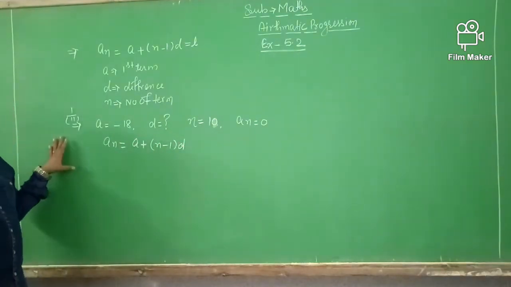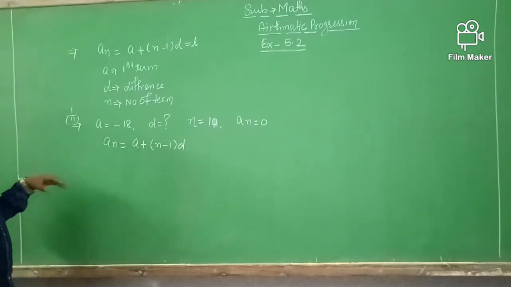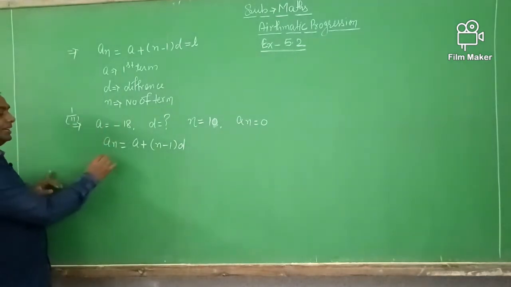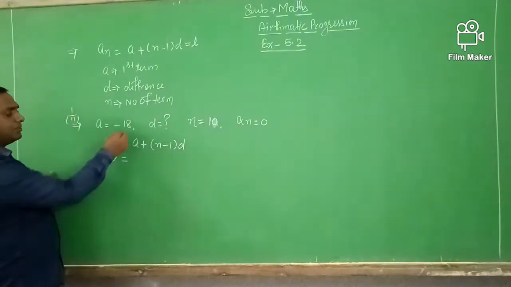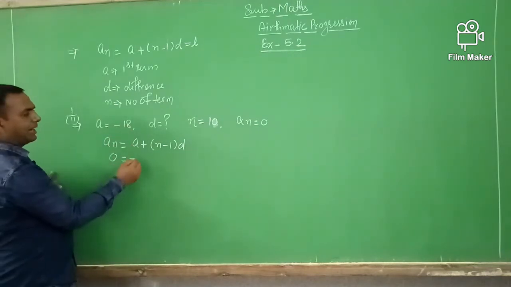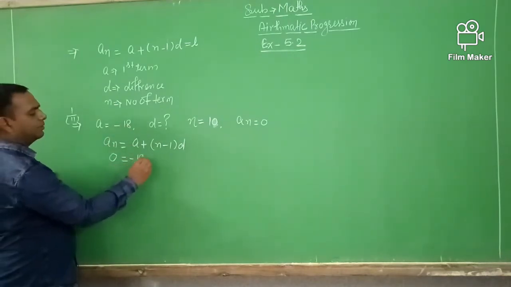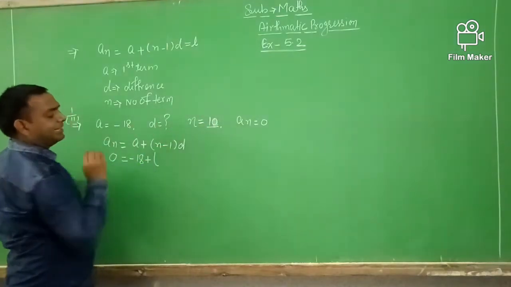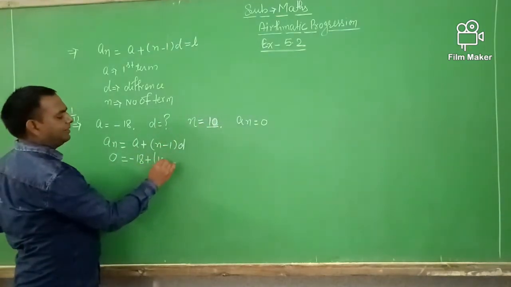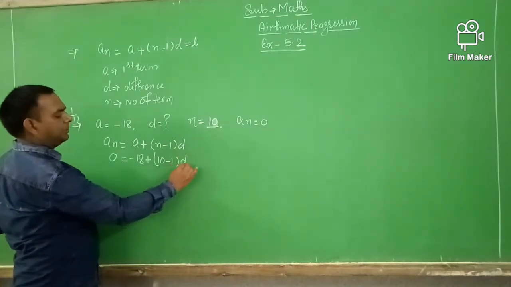Then you put in the values given in the question. an is equal to 0, the first term a is minus 18, and the number of terms n is 10. So 0 is equal to minus 18 plus 10 minus 1 into d.